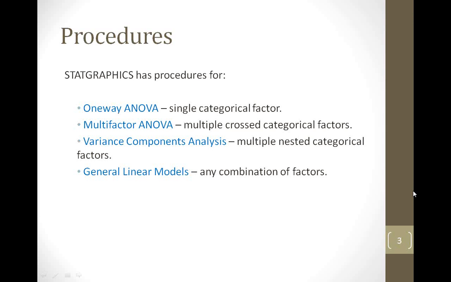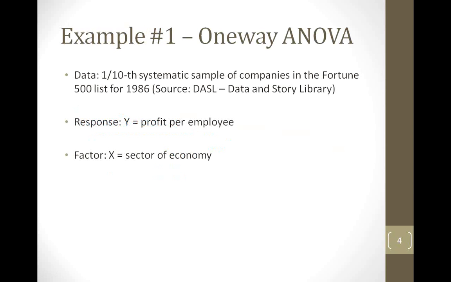Okay, now I'm going to go through examples of each of these, and the first example is an example of a one-way analysis of variance. A one-way ANOVA has a single factor that I'm interested in looking at.